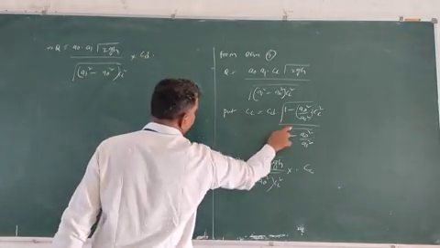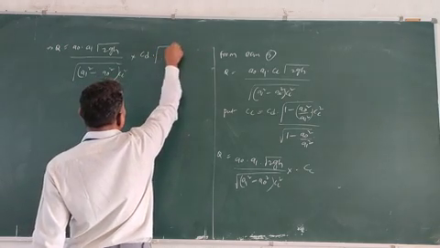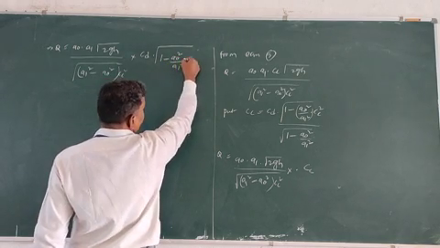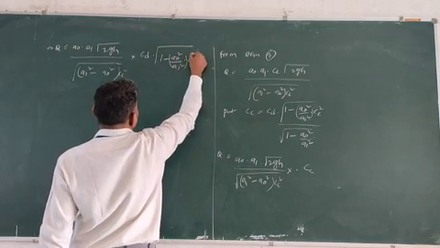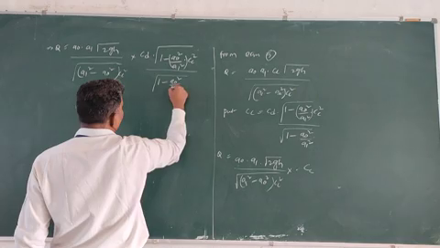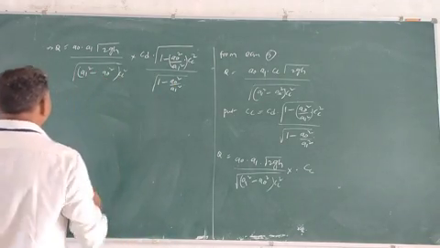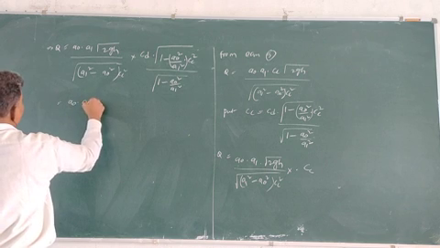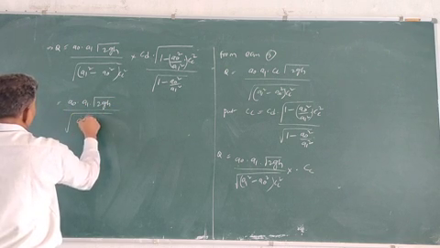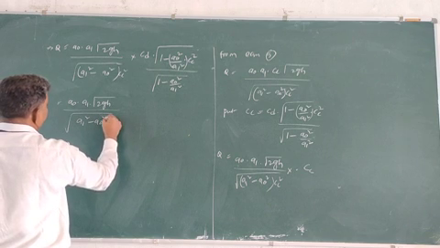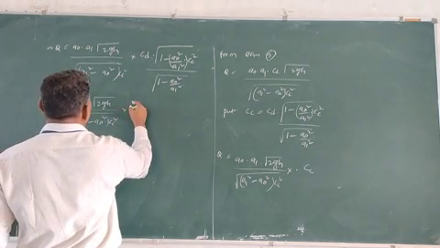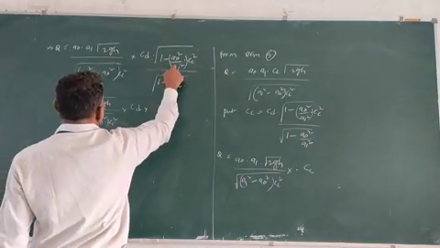Cd, this one, into 1 minus A0 square by A1 square, Cc square divided by 1 minus A0 square by A1 square. A0 into A1 into square root of 2gH divided by A1 square minus A0 square into Cc square into Cd. Take the LCM for this.